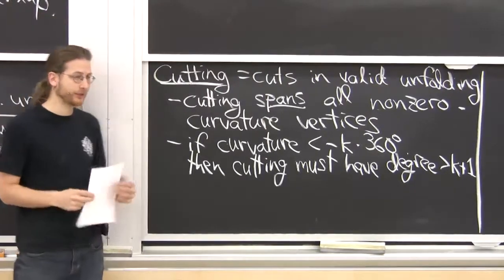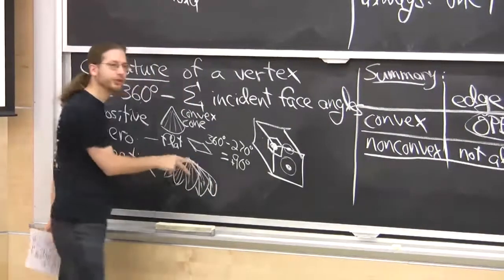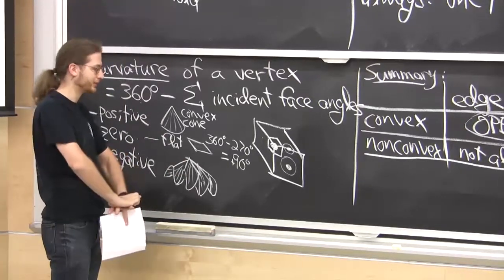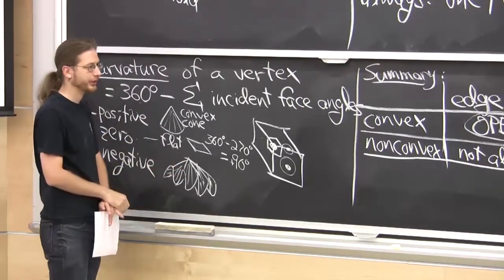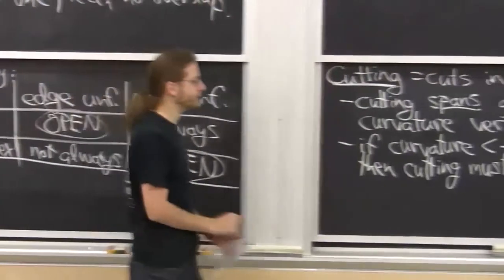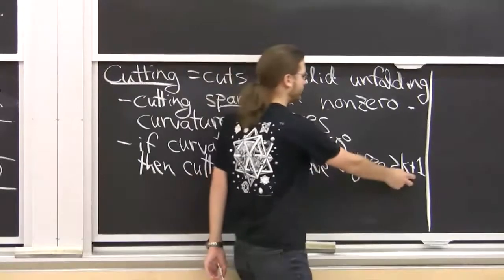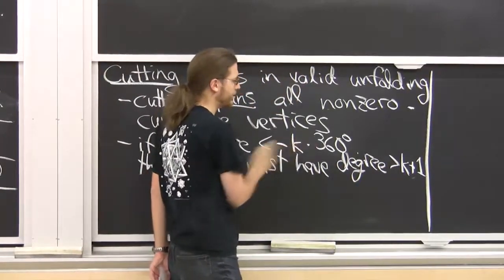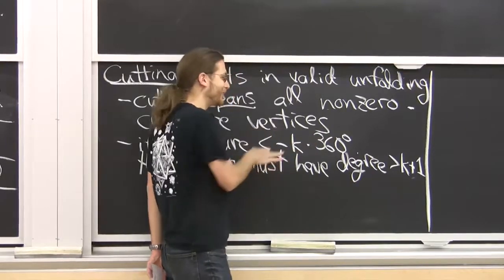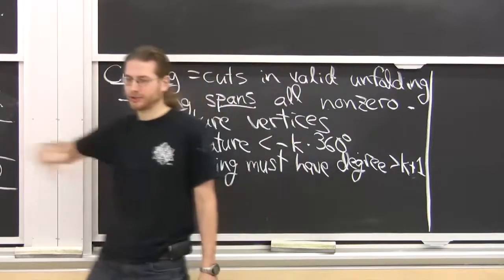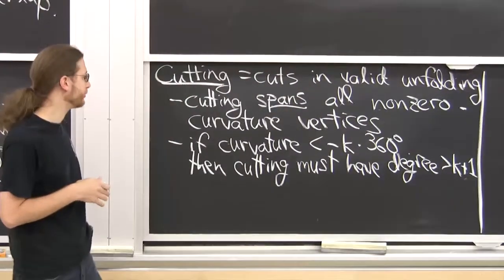Because if you made a single cut, all that material is still there. If you then flattened it, it's going to overlap itself, because you're trying to flatten it into 360 and there's more than 360 material there. So negative curvature already needs 2 cuts. That's the plus 1 here. And as soon as you get to less than negative 360, you have to have at least 3 cuts and so on, just to partition it up into at most 360 groups.